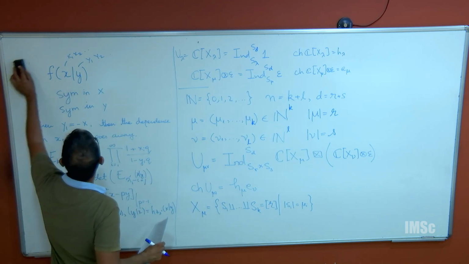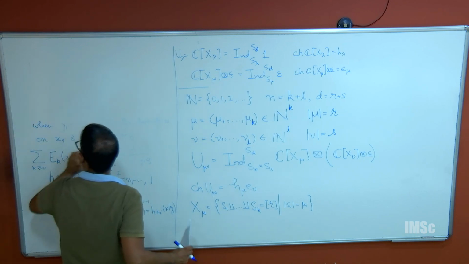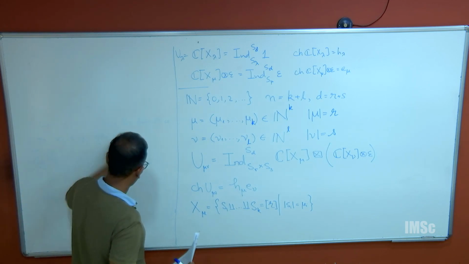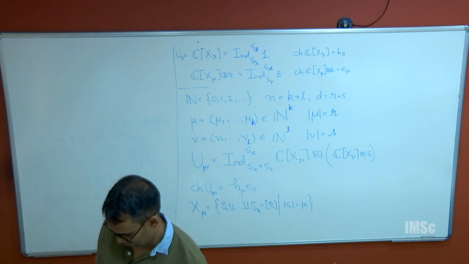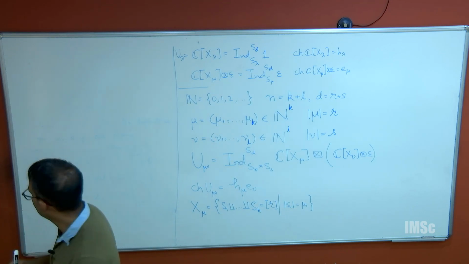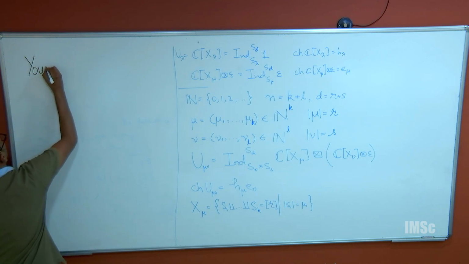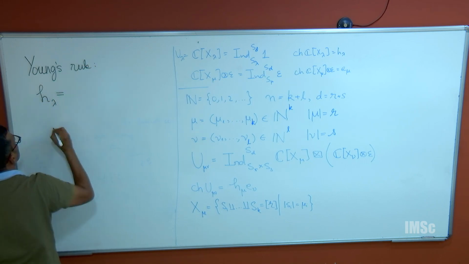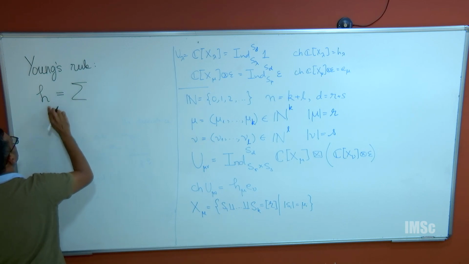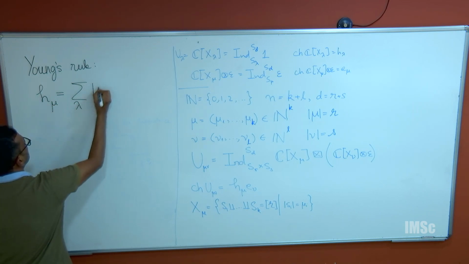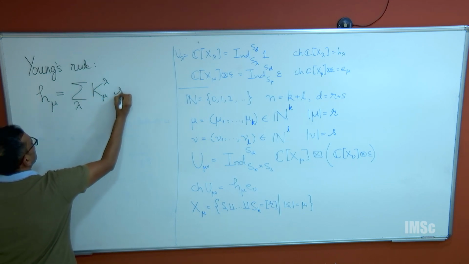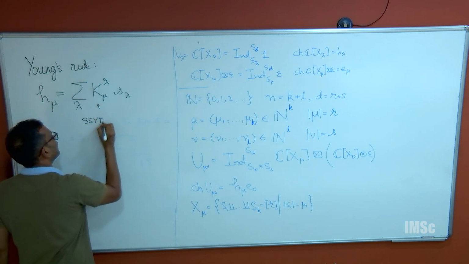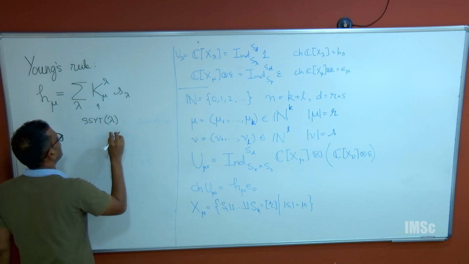So remember Young's rule: h_mu is equal to the summation over lambda of K_lambda,mu s_lambda, where K_lambda,mu is the number of semi-standard Young tableaux of shape lambda and weight mu.